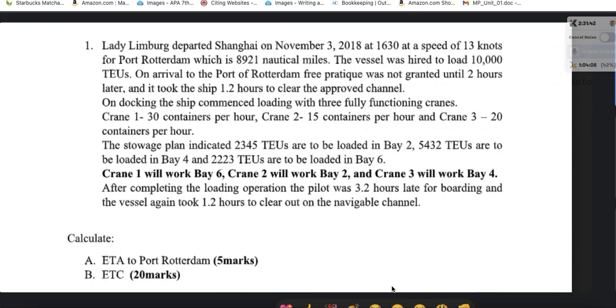74.1 is way more than 24, so you're going to divide it by 24 to get the amount of days. How much is that? 3.09 days. Then you're going to multiply that 0.09 by 24. And you get how much? 2.16.